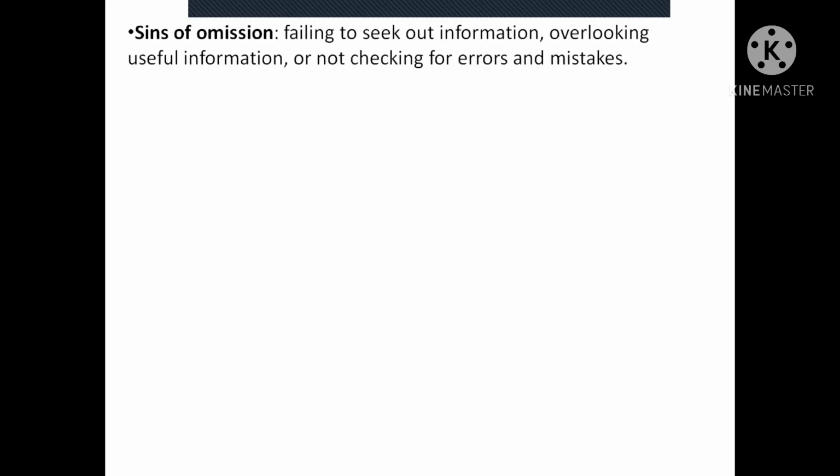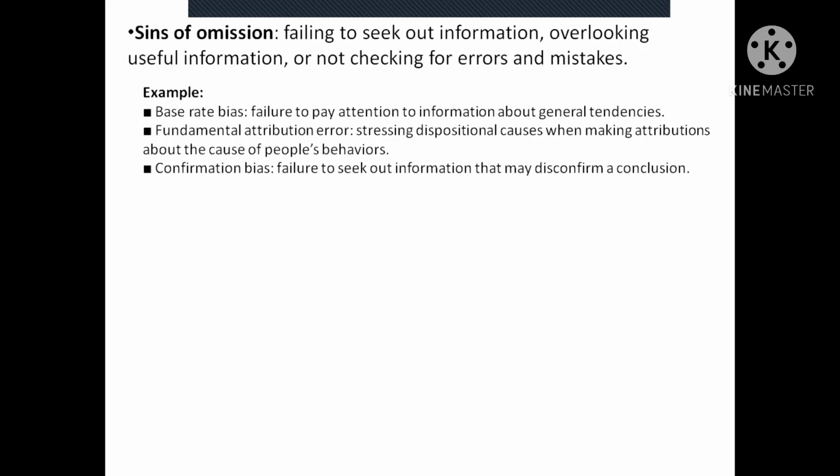The next is the sin of omission: failing to seek out information, overlooking useful information, or not checking for errors and mistakes. For example, base rates bias, failure to pay attention to information about general tendencies; fundamental attribution error, stressing dispositional causes when making attributions about causes of people's behavior; and confirmation bias, failure to seek out information that may disconfirm a conclusion.